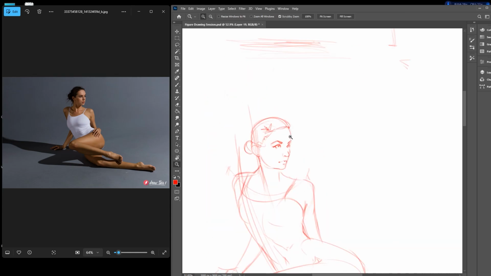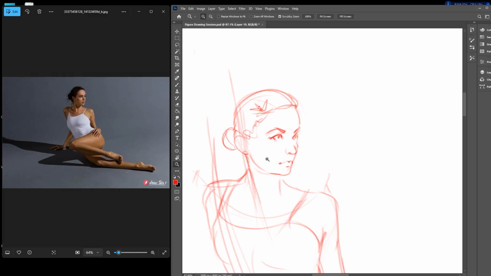Just to give you some idea, let me give you some tips, okay? So let's say you are doing figure drawing just like now, and you can't quite figure out how to draw the important parts of the face.